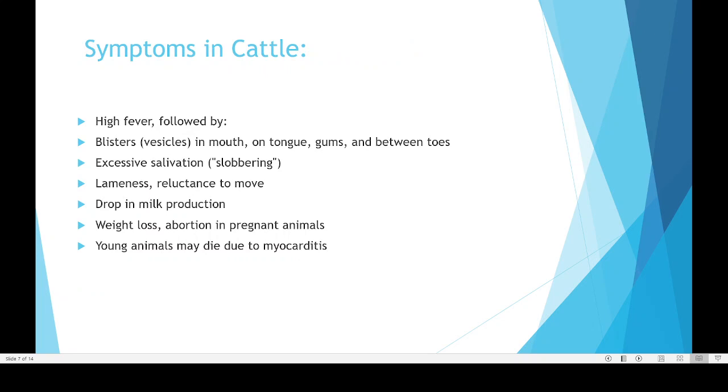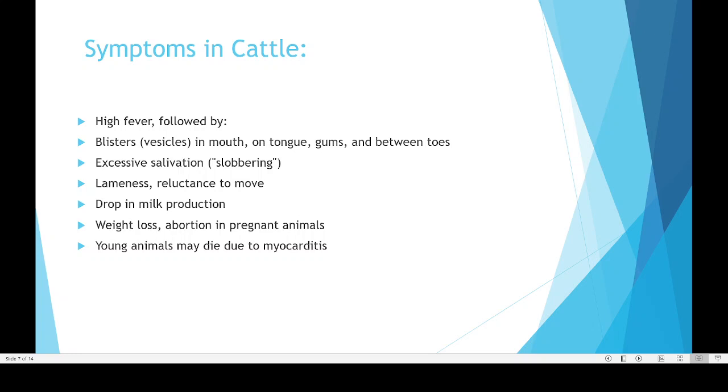Then what are the major symptoms? One is fever. Just as in the case of anthrax, there will be high fever. Then blisters, meaning small balloon-like or bubble-like lesions, in the mouth, tongue, gums, etc. Then excessive salivation; the cow may be producing too much saliva. Lameness, not able to move much. The animal may remain very inactive.